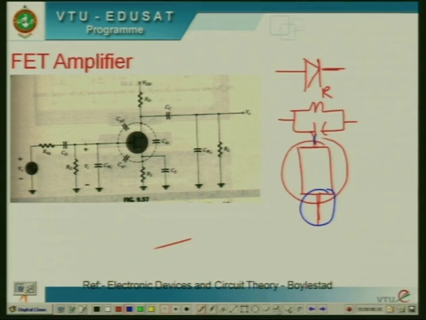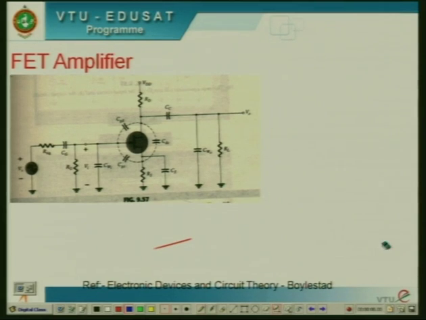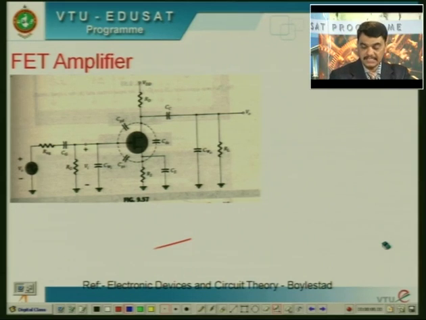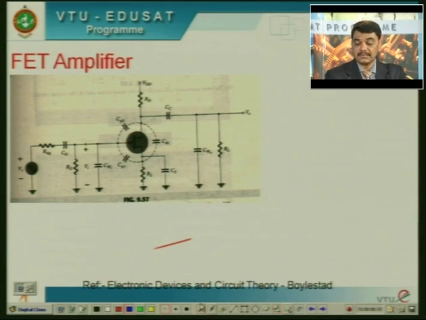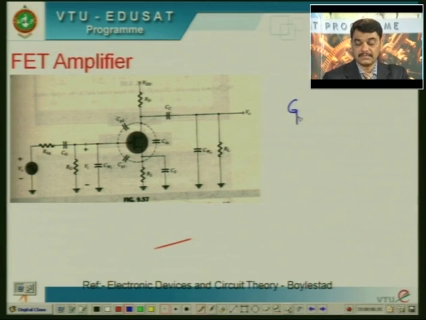For this circuit analysis, we need to write an equivalent model of the transistor at high frequencies. If you consider this FET model, there is a gate and there is a source. In between the gate and source, this is acting as an open circuit because the voltage drop across is VGS.